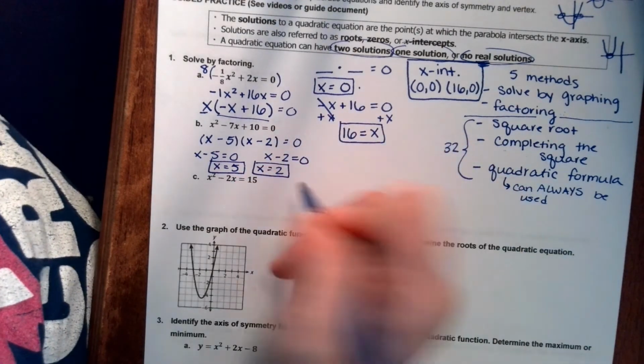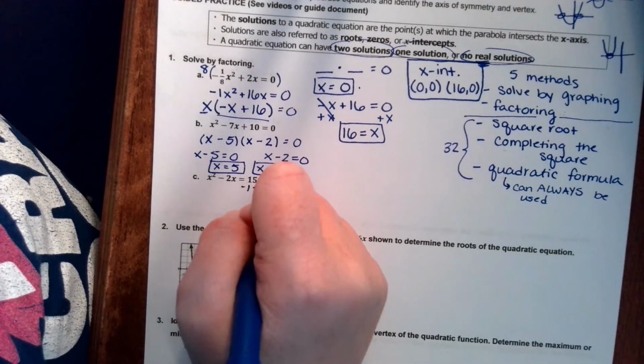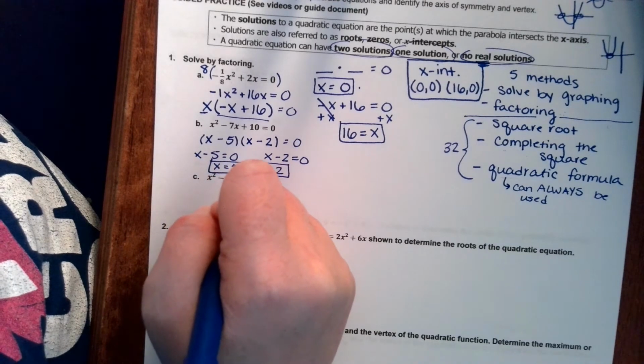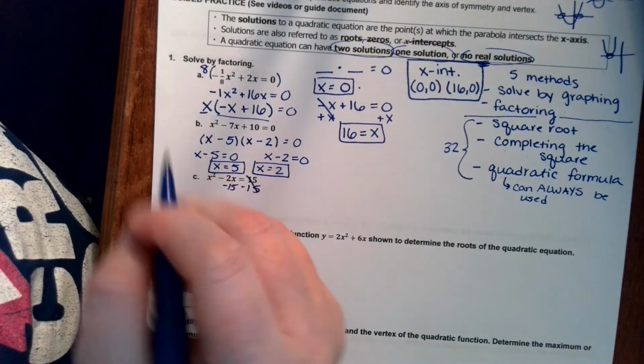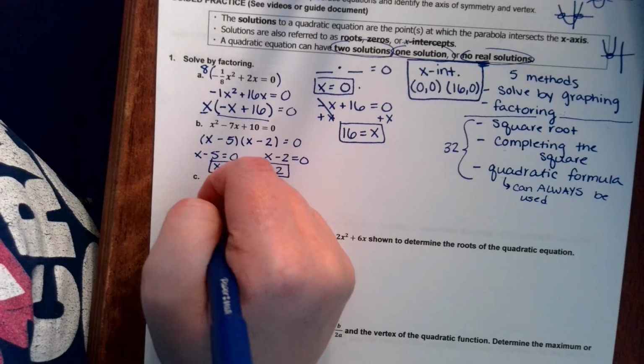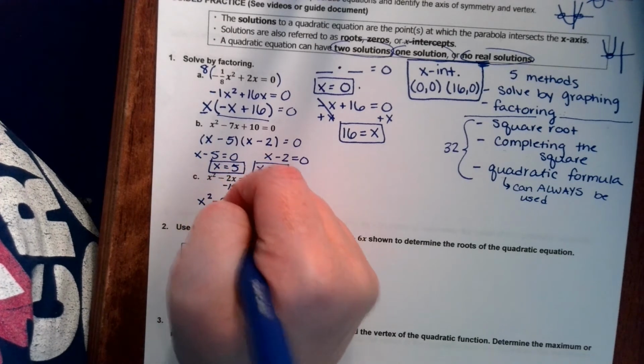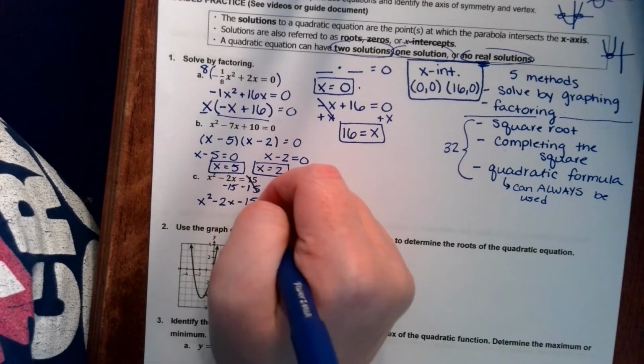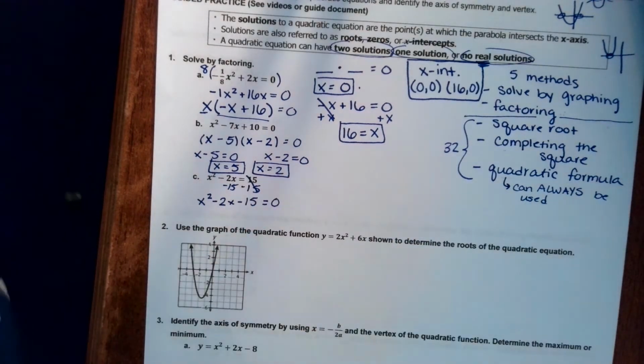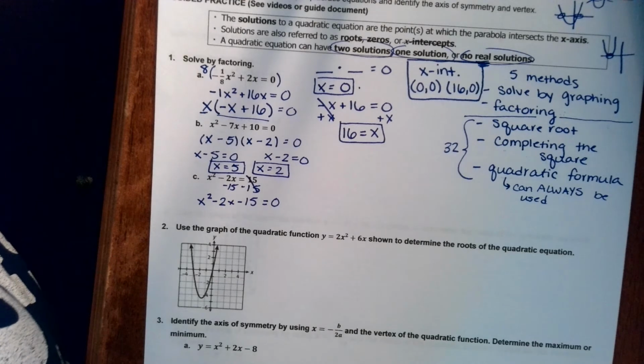Well, I'm going to subtract 15 from both sides. It will cancel here. And so on the left side, I'll have x squared minus 2x minus 15. And on the right side, I have 0. So that's an easy fix. Just move it over. And then you have a regular problem.